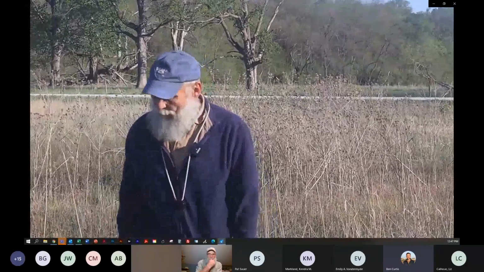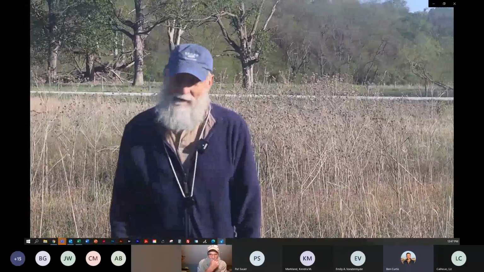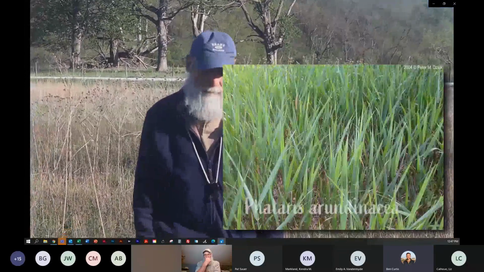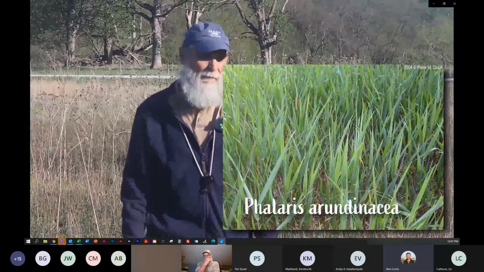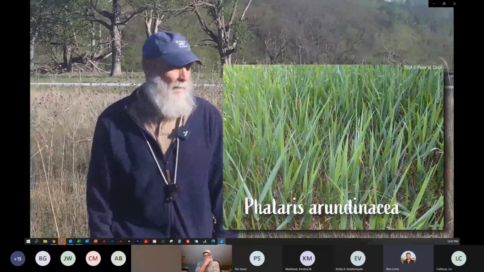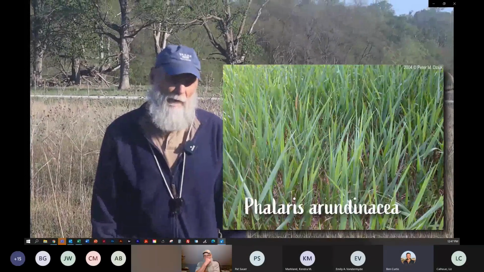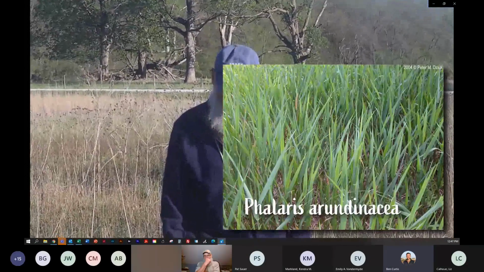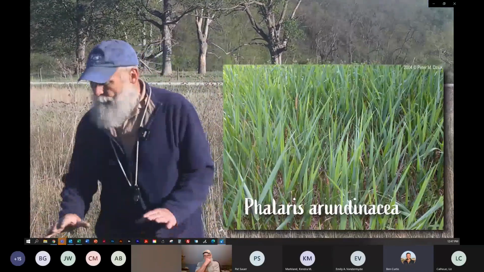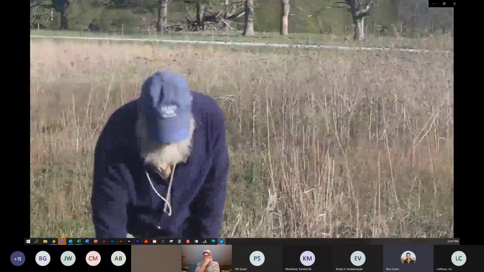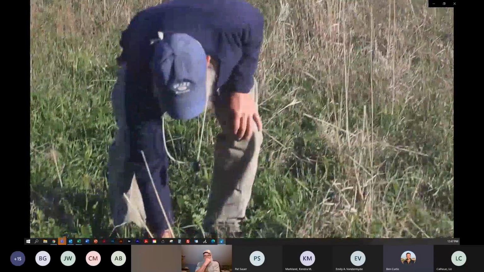We're seeing some more of that up here, and that is reed canary grass. It's one of the biggest problems in any riparian or floodplain environment, any place where the soil is somewhat damp. It's not real dense right through here, but I can pull up a few stems or tillers of it.